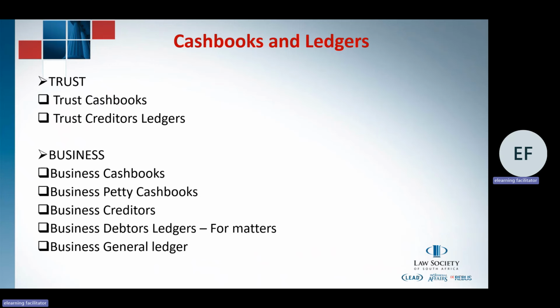Okay. And the other thing we also have is what we call a business general ledger. With a business general ledger, this is where we post the transactions which are general: your assets, your liabilities, like bank borrowings, loans that you are obtaining from friends, loans that the firm or practice is getting, say, for financing of a property.